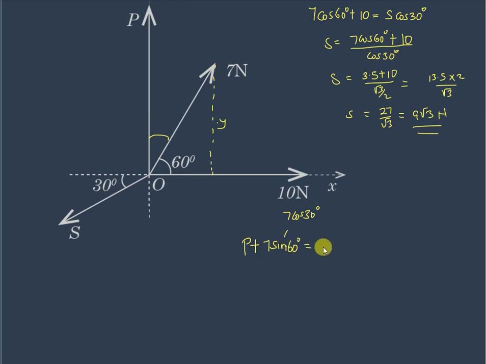So we have S times sine of 30 degrees. We have already got S. P is equal to, we are taking this on that side. So we have S sine of 30, which is 1 over 2.